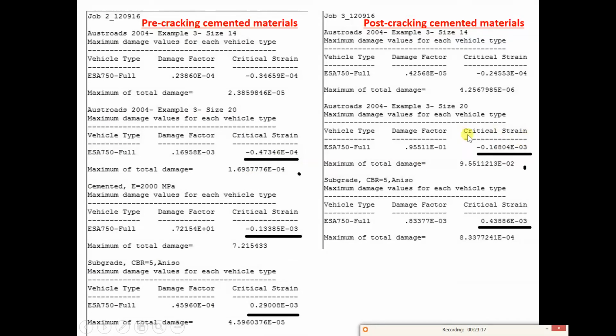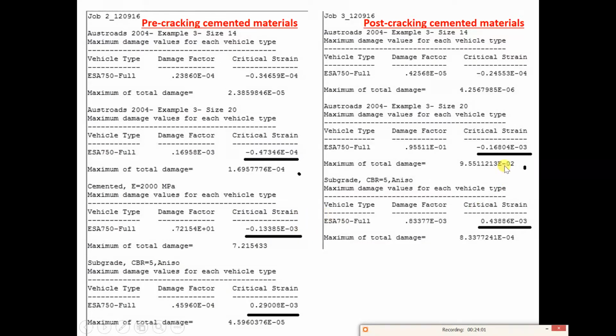That means that for all of these, including the post-cracking, the design traffic loading should not exceed the allowable loading. Later on you see that for the cemented material, when it's cracked, the allowable standard axle repetitions become less than the design traffic loading, so it fails.